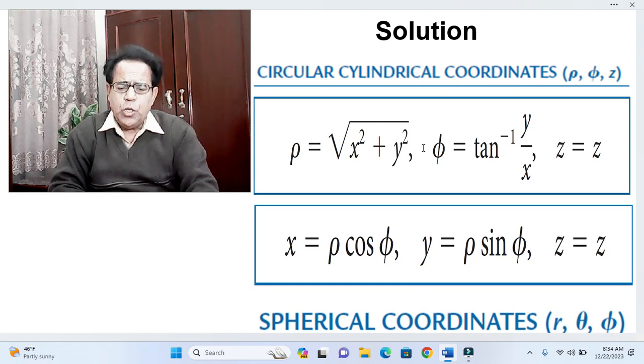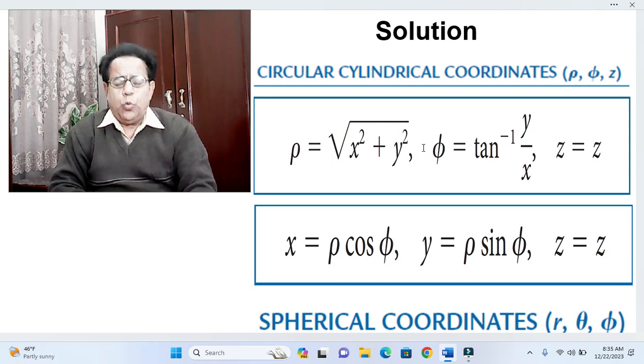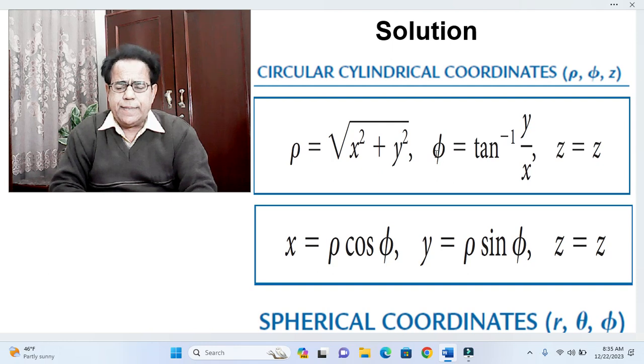Rho is equal to the square root of x square plus y square, phi is equal to tangent inverse y over x, and z is equal to z. That is to say, in cylindrical coordinates the third coordinate does not change; it is the same as in Cartesian components.